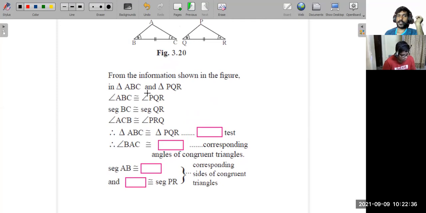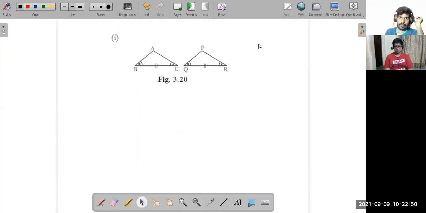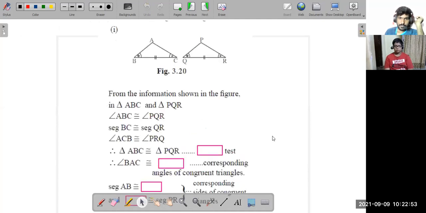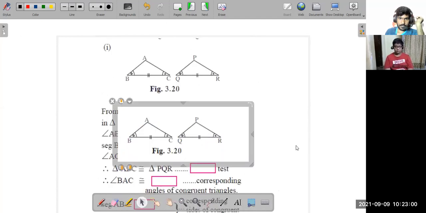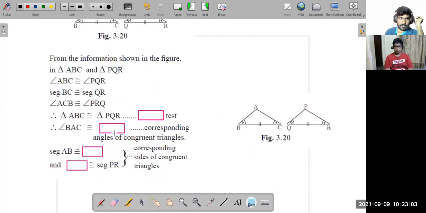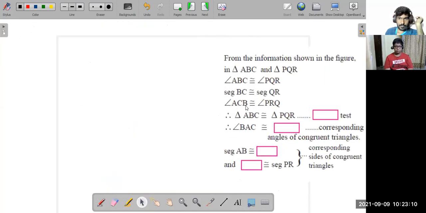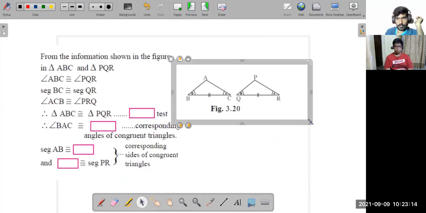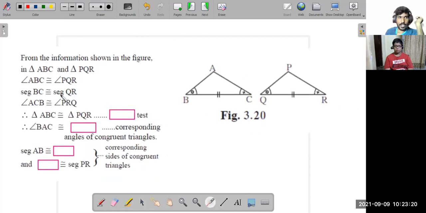From the information shown in the figure, in triangle ABC and in triangle PQR, first thing, angle ABC is congruent to angle PQR because it's given.